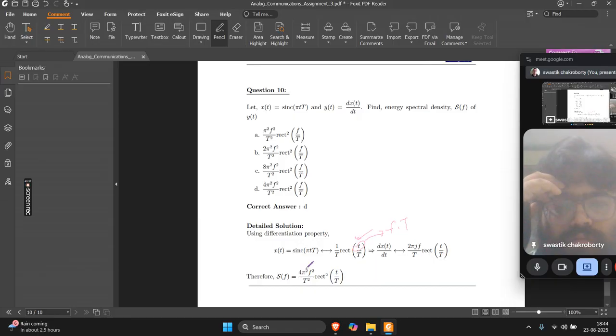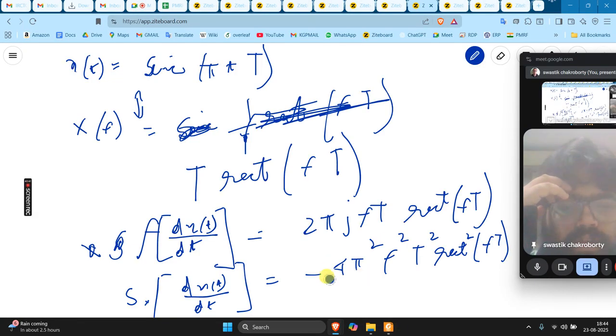You will disregard the negative of course, because the energy spectral density is the mod square, so you first take the mod and then square, so that's why there is no negative sign.